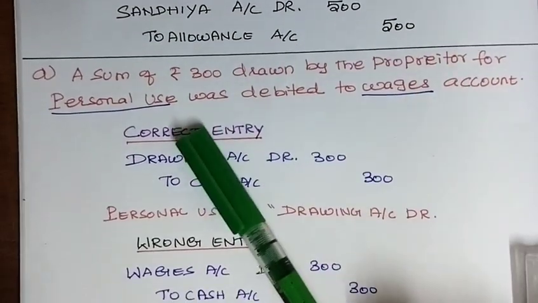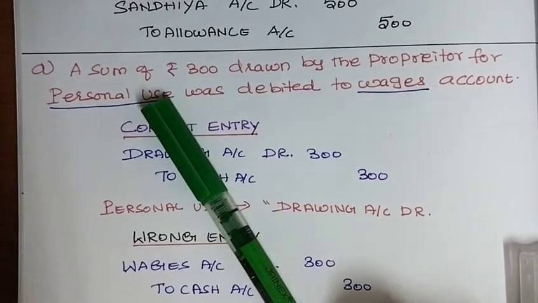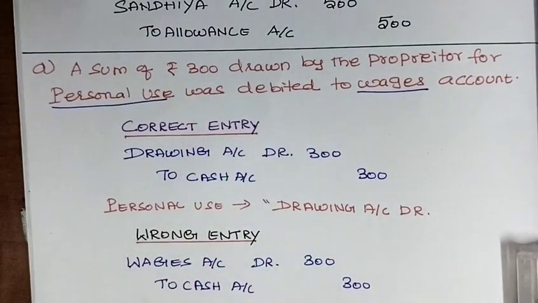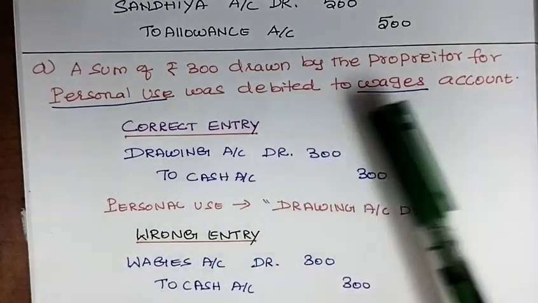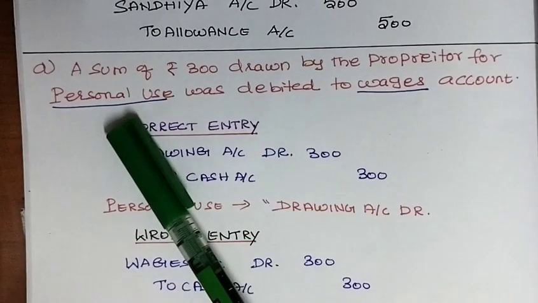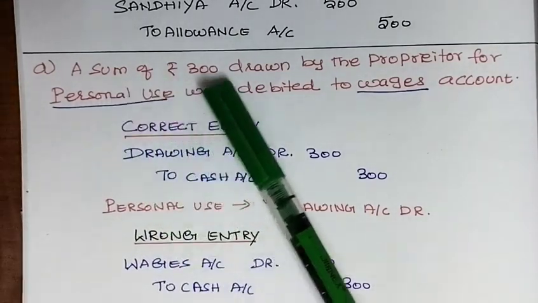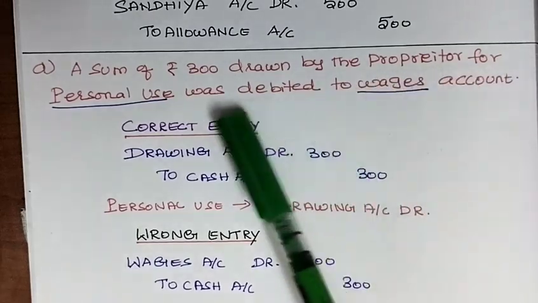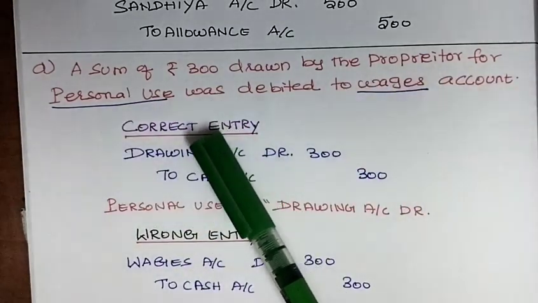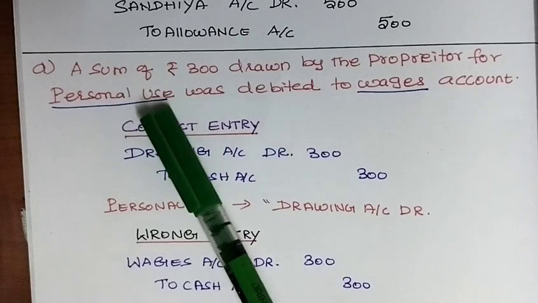The next transaction: a sum of rupees 300 drawn by the proprietor for personal use was debited to wages account. So listen what this transaction tells us. A sum of 300 rupees drawn by the proprietor for personal use. So personal use means what?